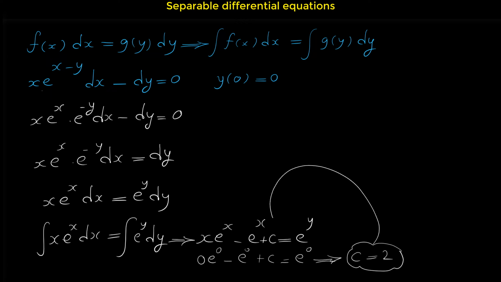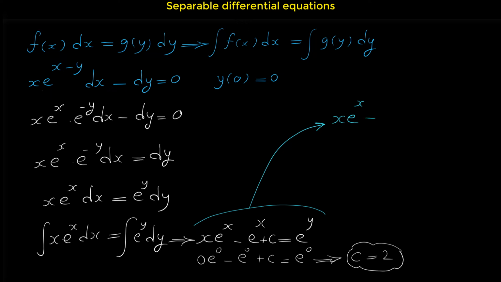Now if we plug in 2 for c here, we get this particular solution, x times e to the x minus e to the x plus 2 equals e to the y.